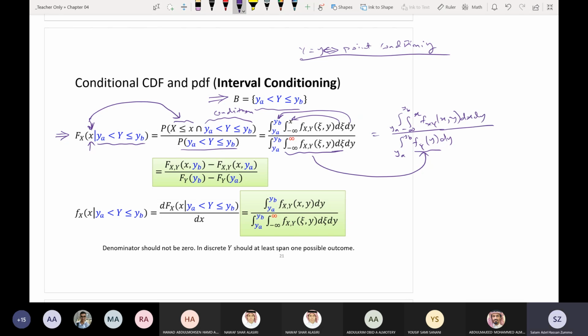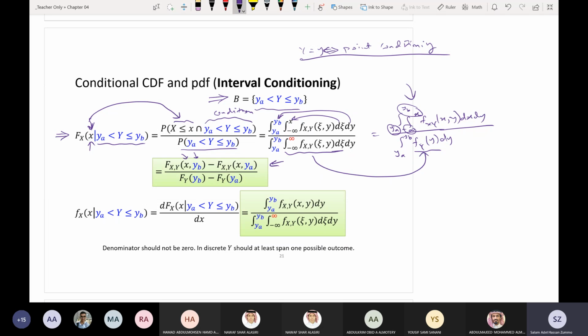Now, if we write this in terms of the CDF, this integral from ya to yb and minus infinity to x has 4 values, if you remember: the joint CDF Fxy at x and yb, minus the joint CDF at x and ya, minus the value at yb and minus infinity, which gives 0, plus Fxy at x and ya and minus infinity, which also gives 0. So we have only 2 functions in the numerator.